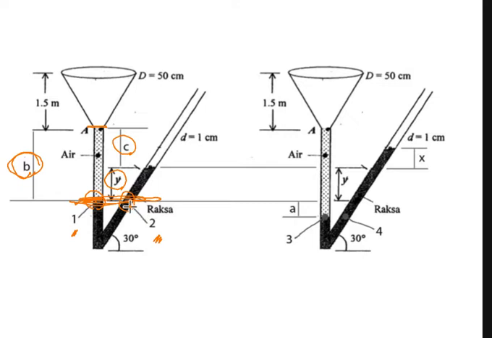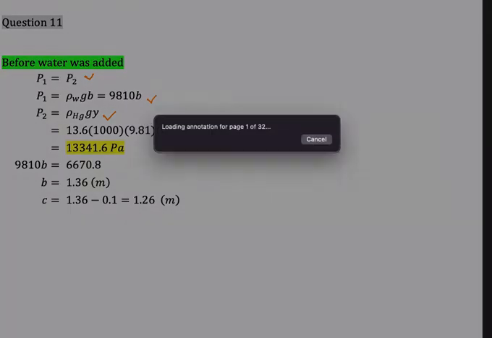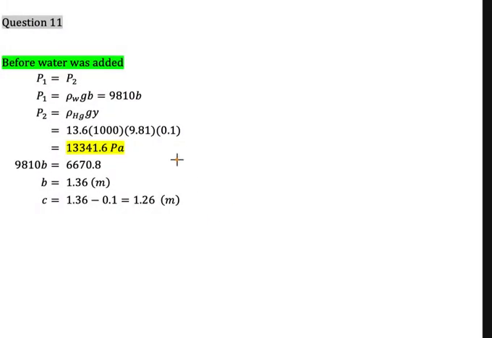Point 2 is here, so we calculate the height of the mercury at this level. It is given in the question that the height is 100 millimeter, equivalent to 0.1 meter. So we write 0.1 meter here.